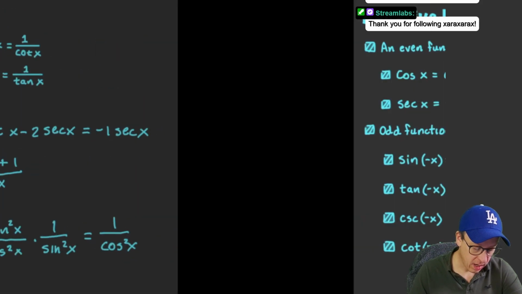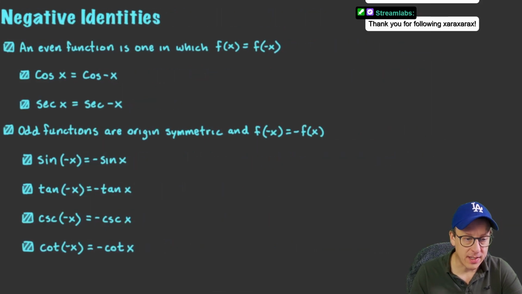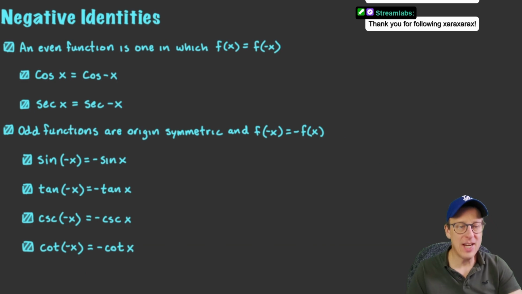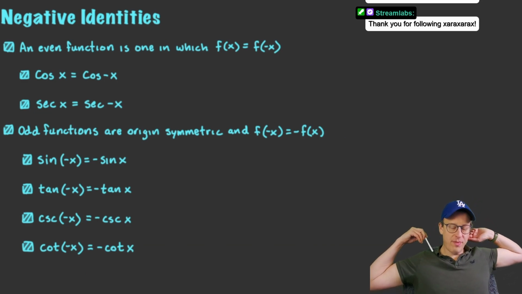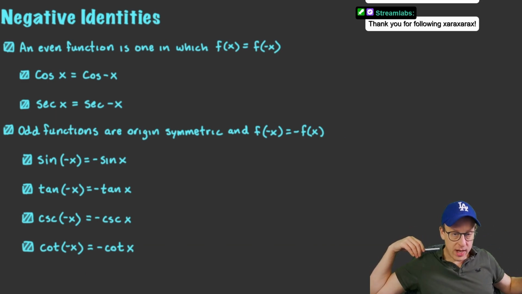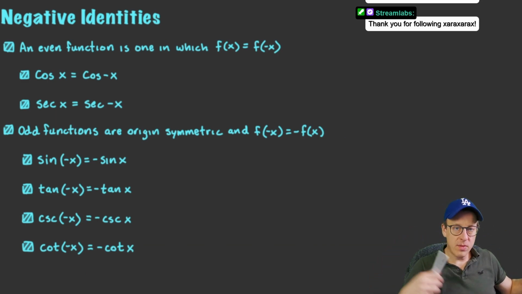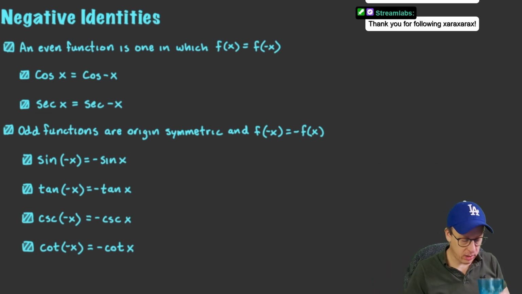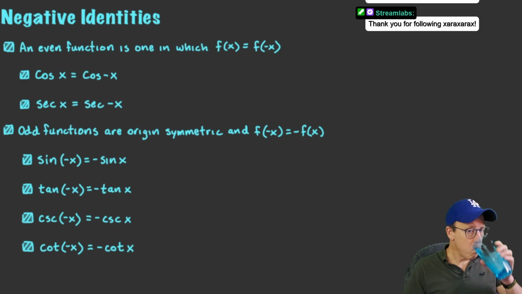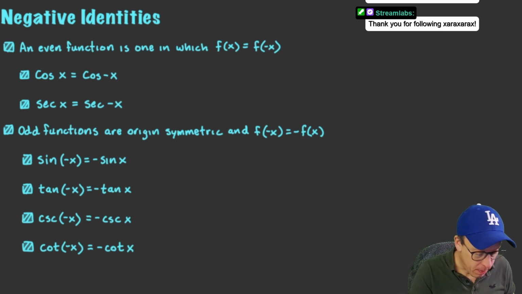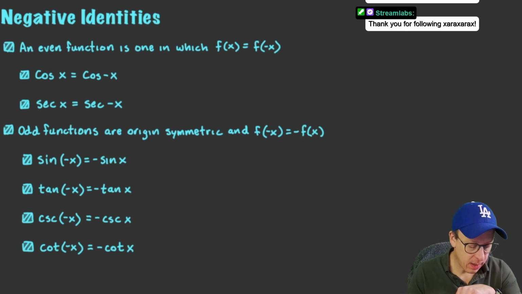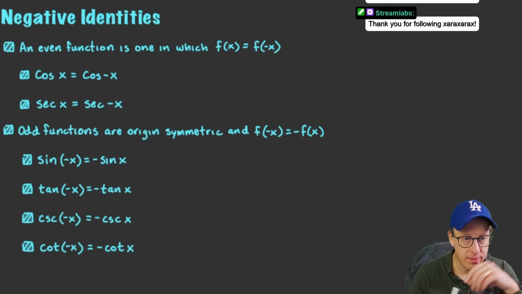All right? Brings us on to negative identities. Okay, so an even function is one in which if we take a function and we can multiply it times a negative of x and they are equal to each other. So an example of this would be cosine x is going to be equal to the cosine of negative x.